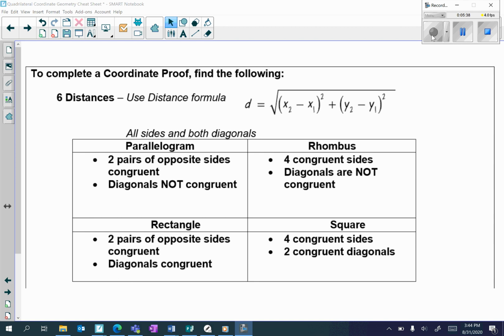To prove something is a parallelogram, you would use it 6 times and say that the two pairs of opposite sides are congruent, but the diagonals are not. In a rhombus, you would prove all 4 sides are congruent, but the diagonals are not. For a rectangle, 2 pairs of opposite sides are congruent, but the diagonals are also congruent. And for a square, all 4 sides are congruent and there are 2 congruent diagonals.